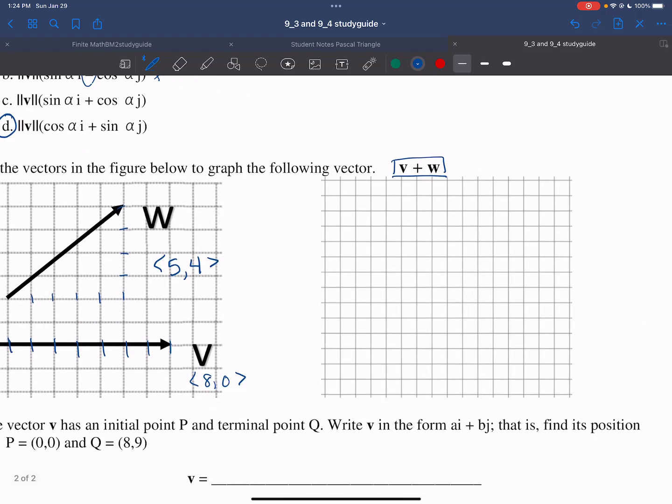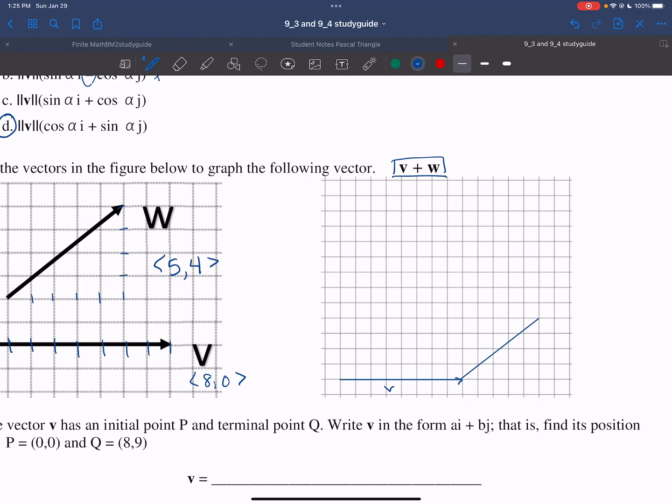So if I'm going to go ahead and plot this, I would do 1, 2, 3, 4, 5, 6, 7, 8 across. That would be my v. And then I would do my w. So I have 4 up and I have 5, 1, 2, 3, 4, 5. I believe this is that 5?